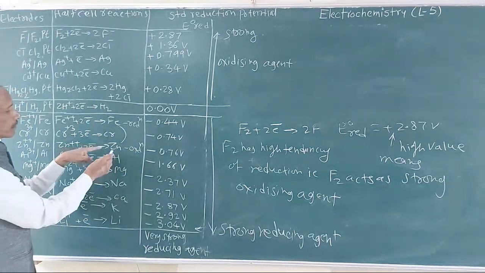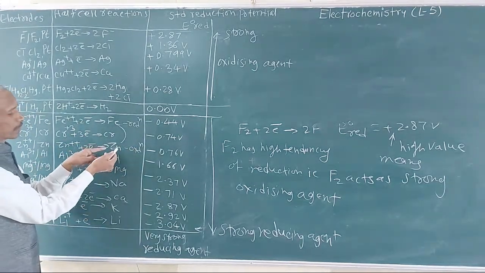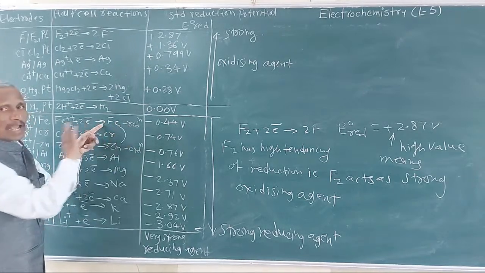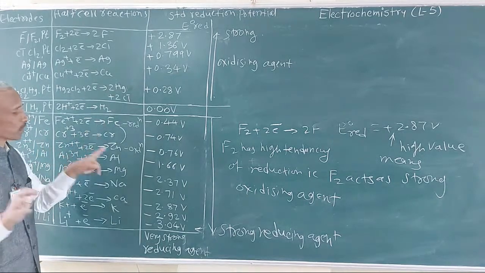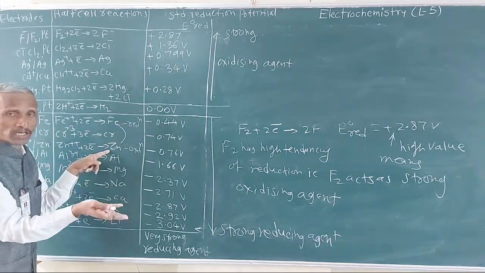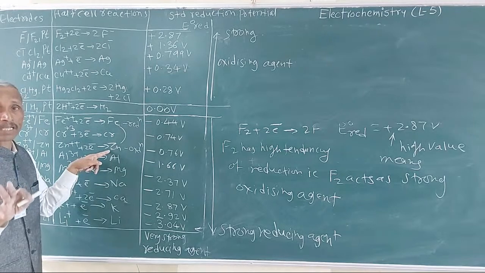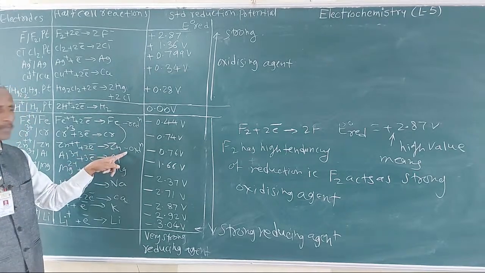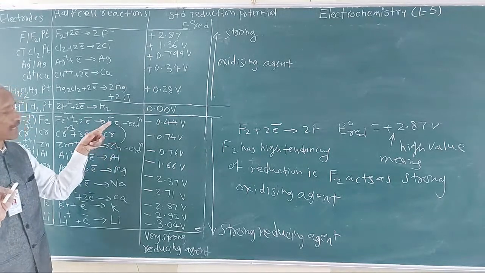So in this case, if zinc is coated on the iron, the iron undergoes reduction and is not rusted, whereas zinc undergoes oxidation, rusting and forming its oxide. So here the protection of iron is taking place.